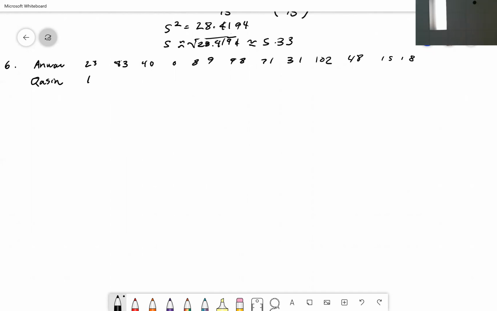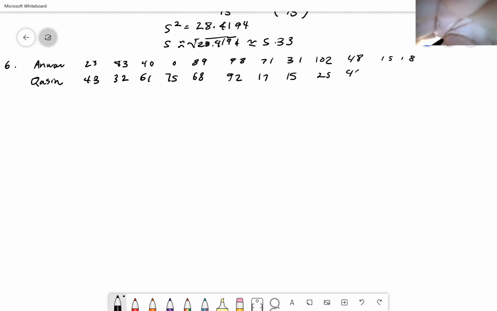And then we have 43, 32, 61, 75, 68. Let me make sure I at least write them together. 92, 17, 15, 25, 43, 86, and 12.